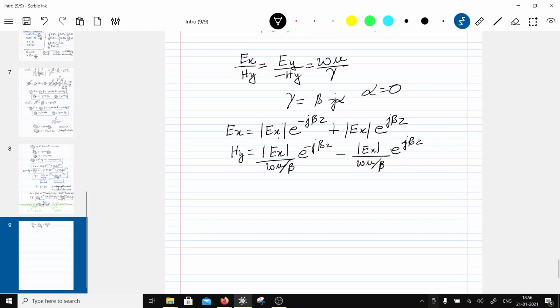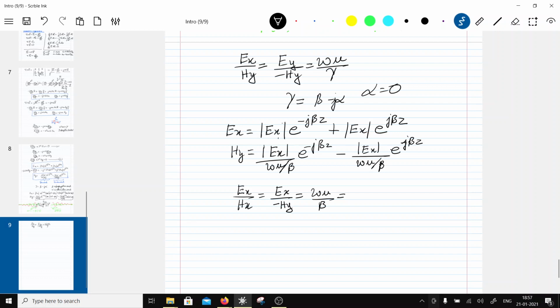Okay, so these are the Ex and Hy components. Now this Ex by Hy, or Ex by minus Hy, right, is going to be omega mu by beta.